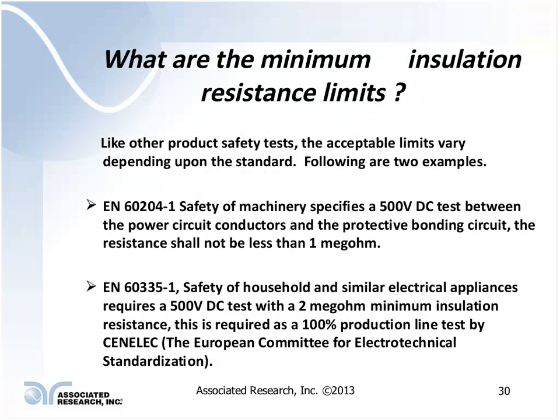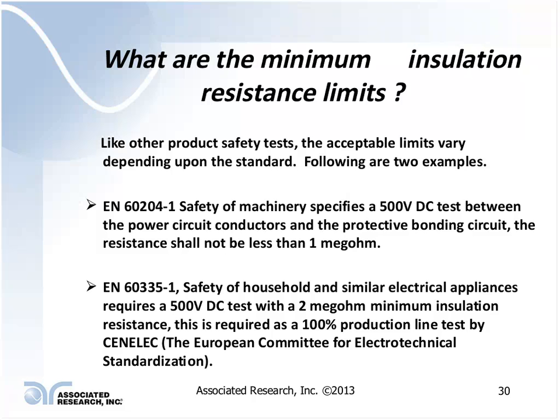What are some of the minimum limits? Here are a couple of product safety standards that give you a couple of examples. And these values, I think, are extremely low. EN 60204 for safety of machinery specifies a 500-volt DC insulation resistance test between power conductors and protective bonding circuits.